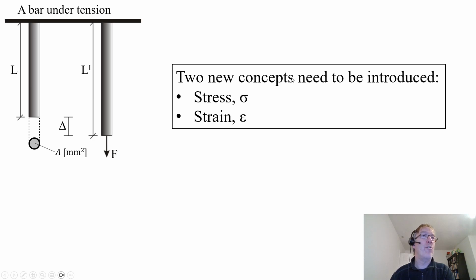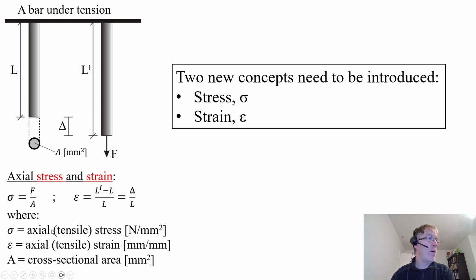So we've got two new concepts we need to introduce. We've got stress and strain. Axial stress and axial strain. In this scenario, there's a round rod with a force being applied at the end, pulling it down, so elongating the rod.